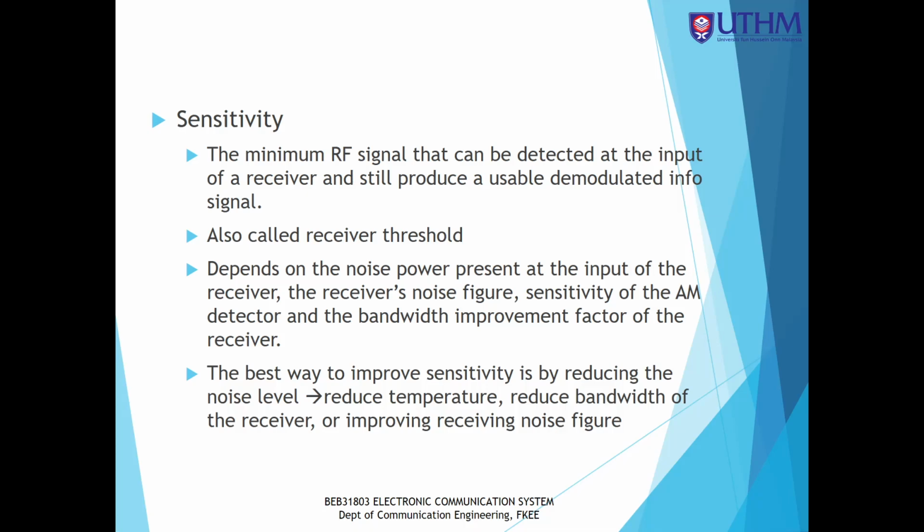The receiver must have the ability to sense, receive and demodulate the signal. That is under the category of sensitivity. So the more sensitive the receiver, the better the output signal.